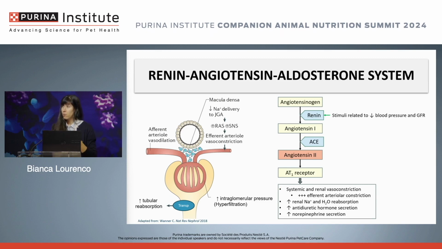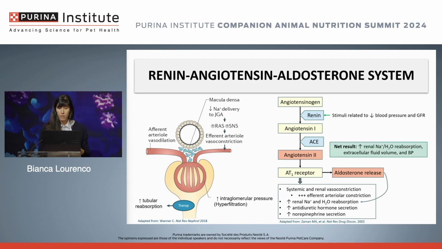Angiotensin II then directly, and indirectly through stimulation of aldosterone, is going to have a lot of effects that are going to be summarized as an increase in renal sodium and water reabsorption, and increases in systemic vascular resistance, stimulating antidiuretic hormone and norepinephrine secretion.